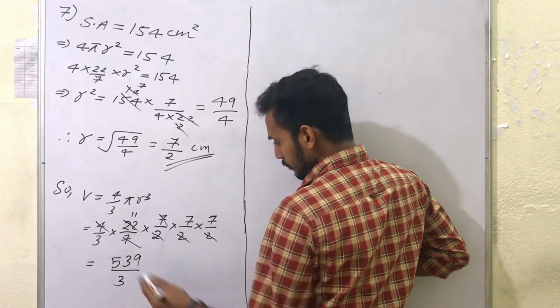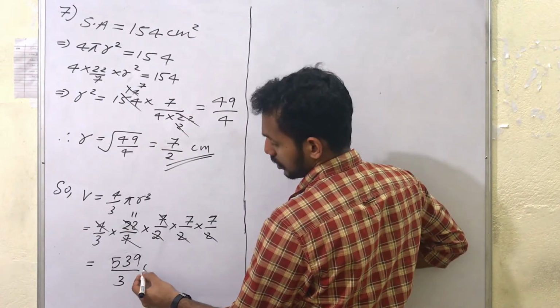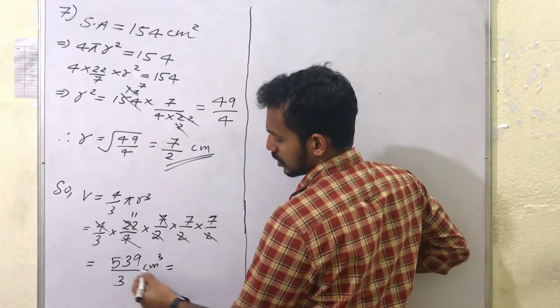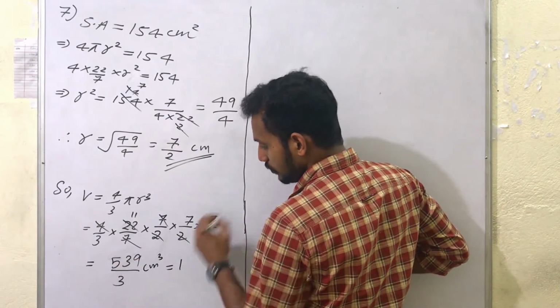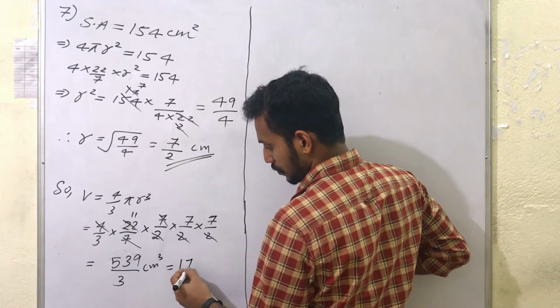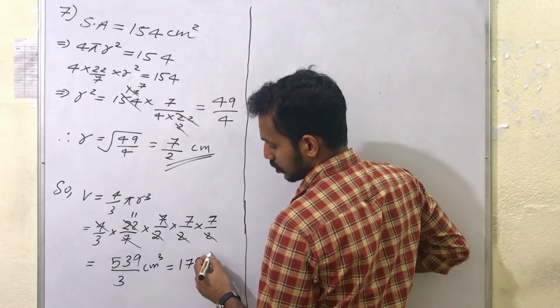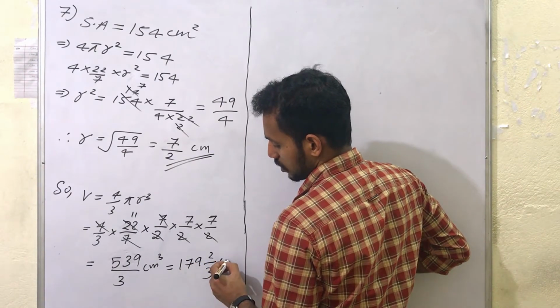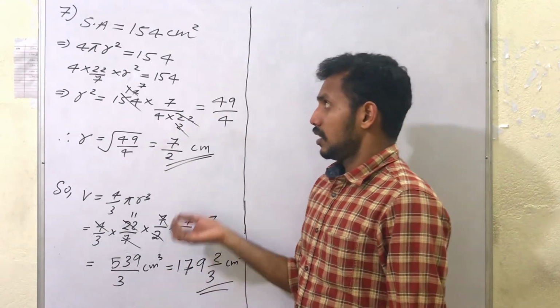You can keep this one. What is the unit? Centimeter cube. Or you can convert this improper fraction to a mixed fraction: 179 2 by 3 centimeter cube.